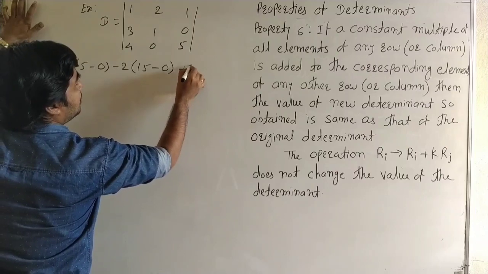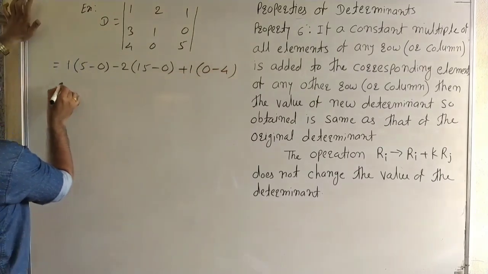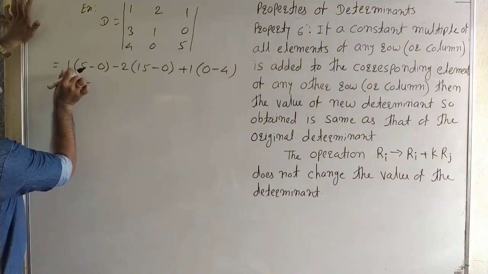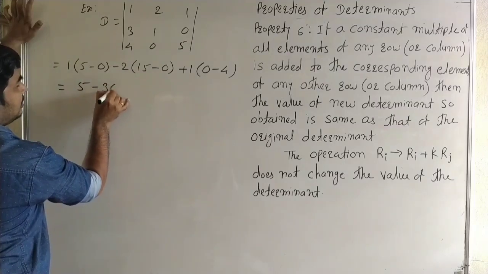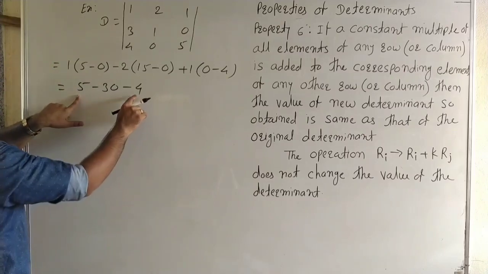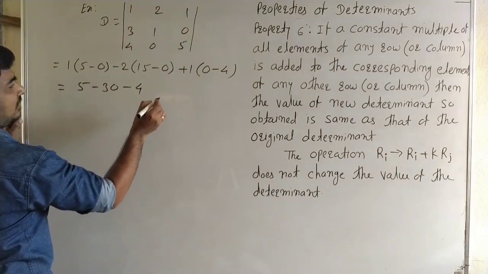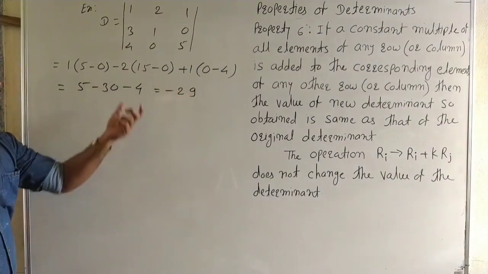And here plus 1 into 0 minus 4. Now the calculation: 5 into 1 is 5. Here 15 minus 30, and here a minus 4. See carefully, 5 and minus 4 is 1. Plus 1 minus 30, it is minus 29. It is the value of this determinant.